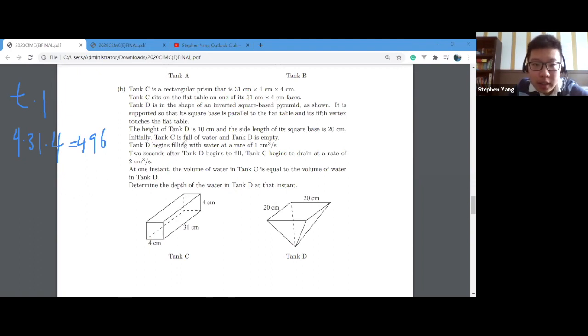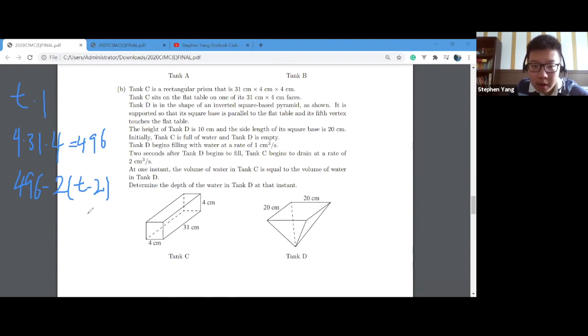So tank C starts 2 seconds after tank D starts to fill, and tank C starts to drain, which means after T seconds, tank C will have 496 minus 2T minus 2.